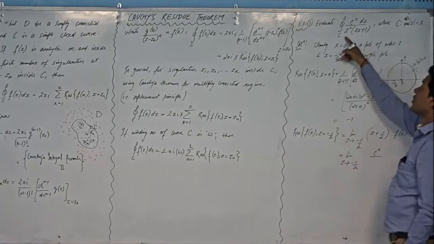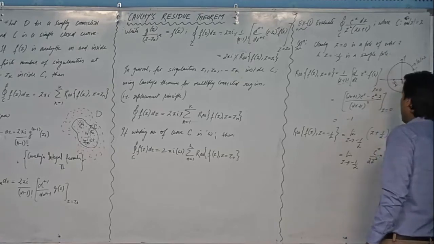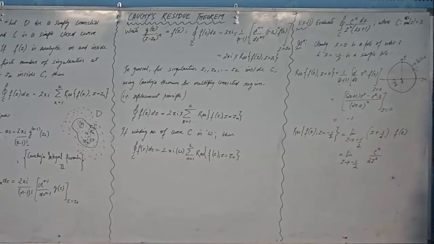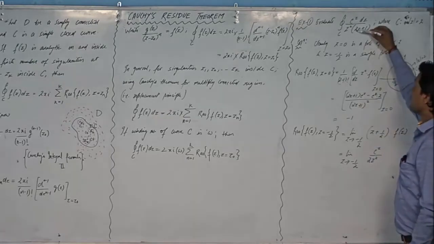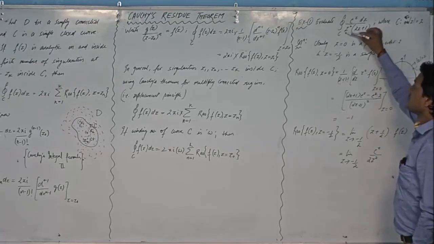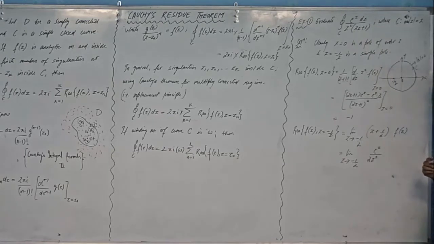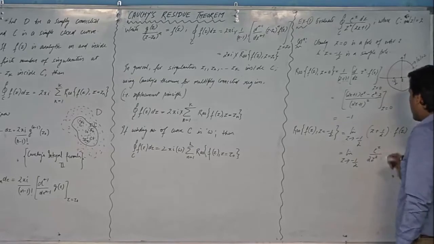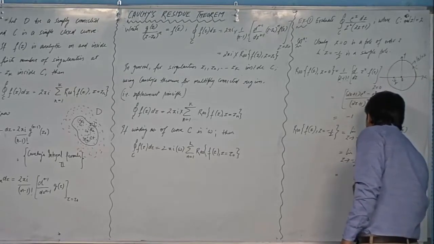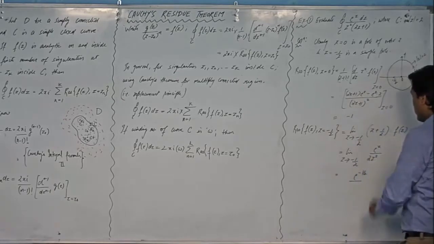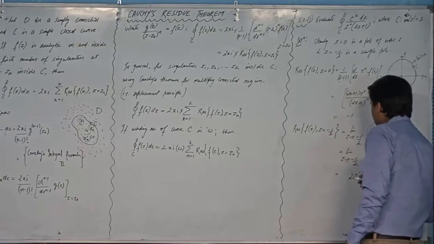You should take this 2 common, so you will have 2 times z plus half in the denominator, along with z square. On cancellation you will get this. Be careful at this point, because you have to take this 2 common in order to cancel z plus half with this. Then you plug in your minus half here, you will get e to the power minus half, and z square becomes 1 by 4. So ultimately 2 will appear in the numerator.